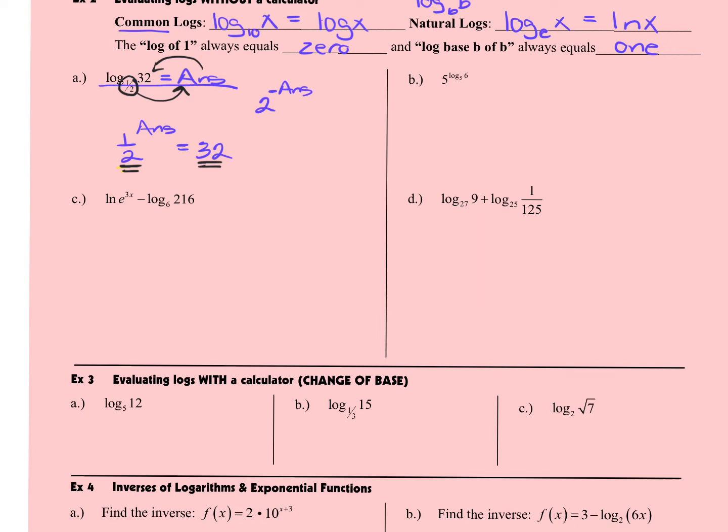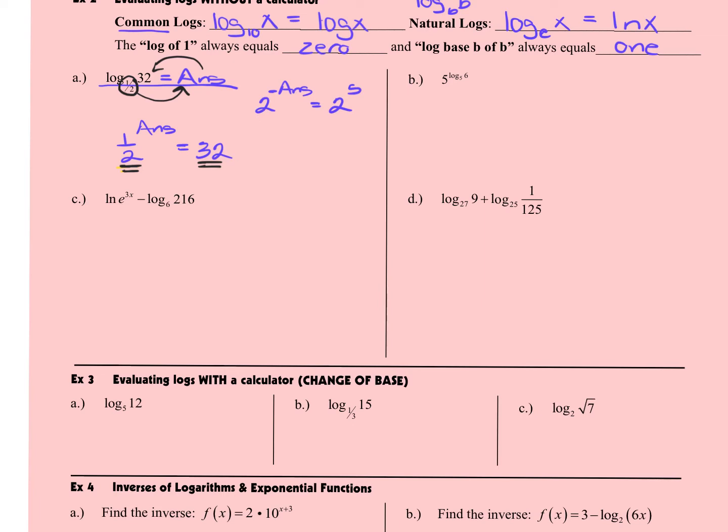So what that's doing is it's saying that 1/2 is 2 to the negative 1, and I still have the exponent that we wrote there, which is the word answer. And then the 32 is going to become a 2 to the 5th power. When we do that, we can now see that the base of each side of this little exponential is the same.